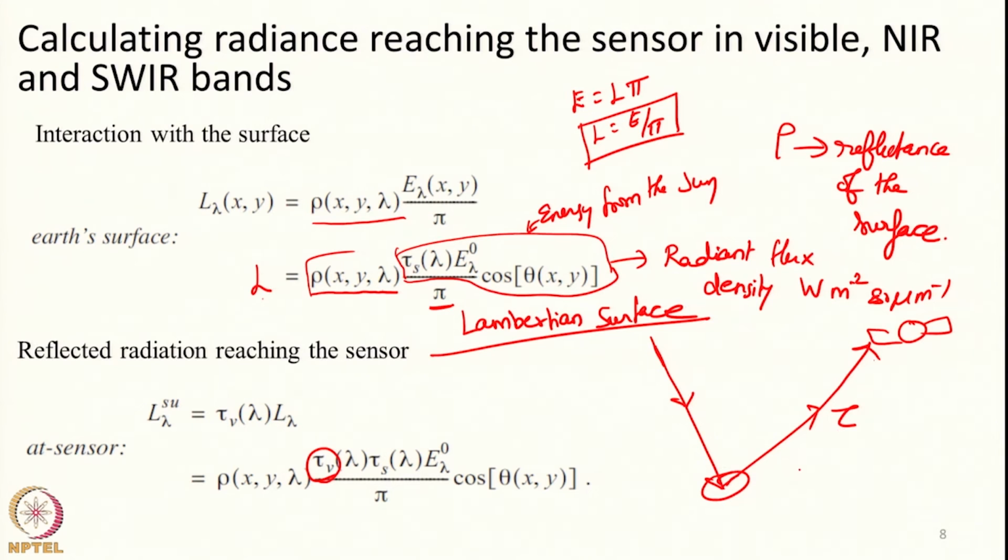So, it is a two-way path. So, the final reflected radiation reaching the sensor is the energy coming in from the sun, multiplied by tau s, the transmissivity between sun and earth, tau v, the transmissivity between earth and the sensor, and the reflectance of the surface, divided by pi. So, this is the radiance from the target of interest that reaches the sensor.